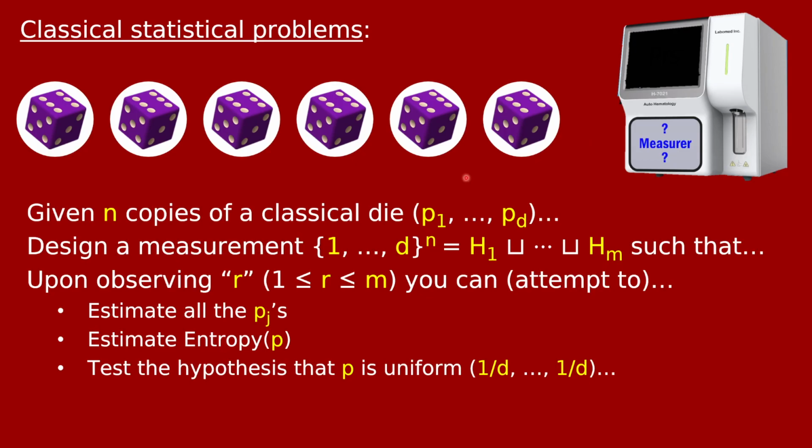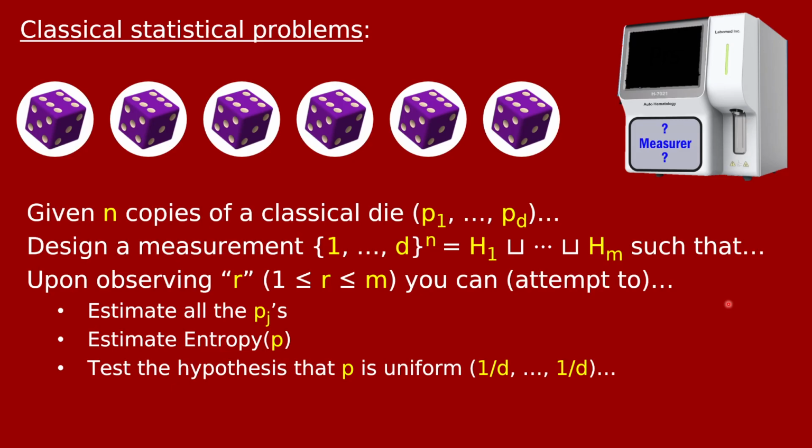And you could imagine trying to build a measuring device that takes in the n rolls of the dice and returns the result of this quote-unquote classical measurement, which is just a partition of all the rolling outcomes into some events, H1 through HM. And again, based on what you see, you could try to estimate the probabilities of all the faces, or maybe you're just trying to estimate the entropy of the distribution, or maybe you believe that it's a fair die and you're trying to check your hypothesis that P is the uniform distribution. Again, many things you could be trying to do.